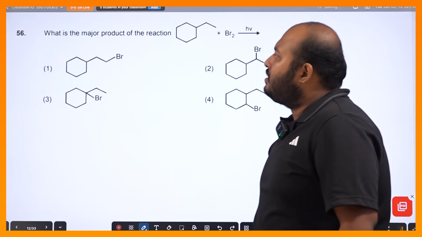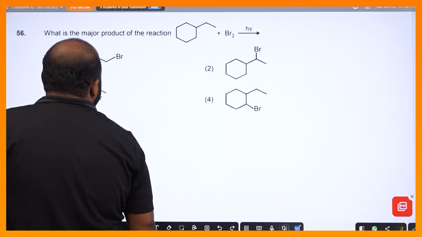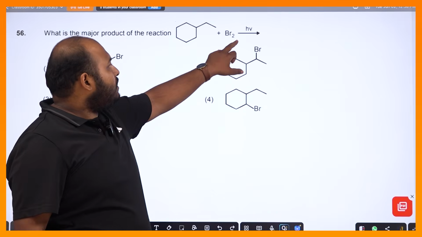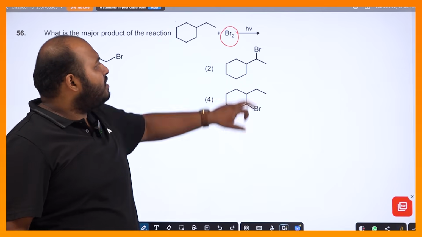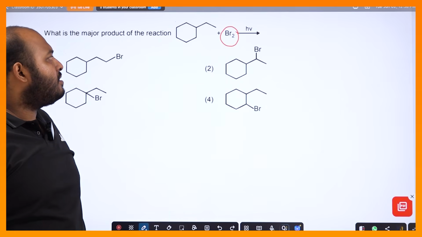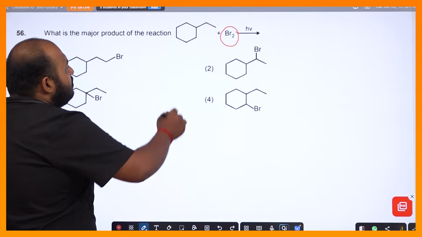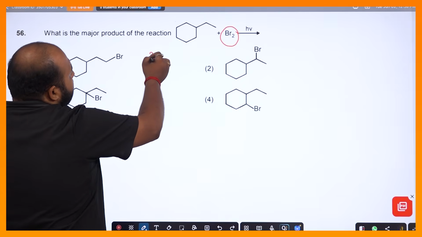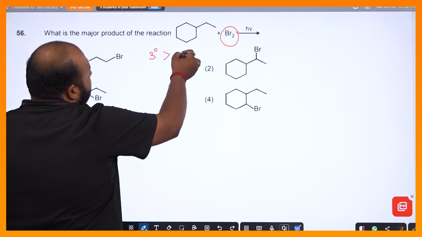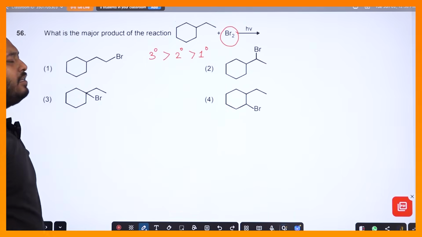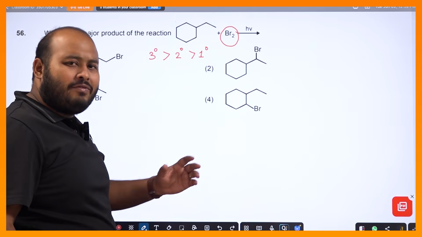So our next question is from organic, and in this case the reagent which is given here is bromine in the presence of light. The selectivity for bromination is very high for 3 degree, then 2 degree, then 1 degree. So simply we have to check where is the 3 degree hydrogen atom that will be substituted.